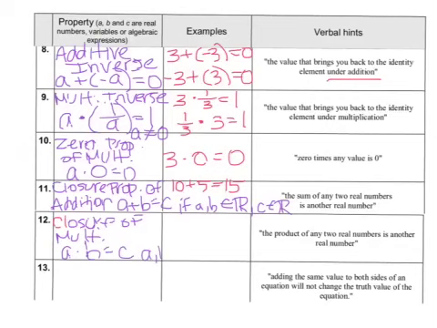So if a and b are elements of the real numbers, that means c will be an element of the real numbers. So for example, 10 is real, times 5, which is real, so the product 50 will also be real.